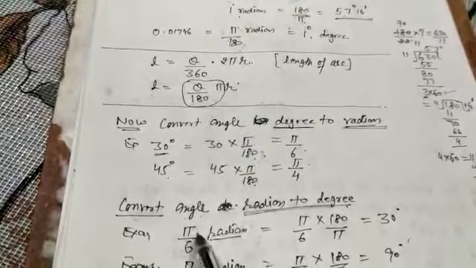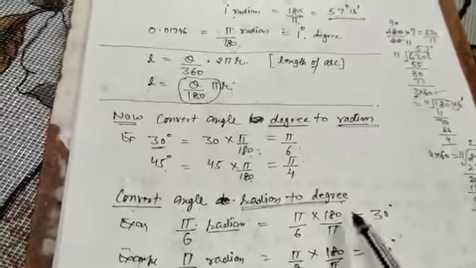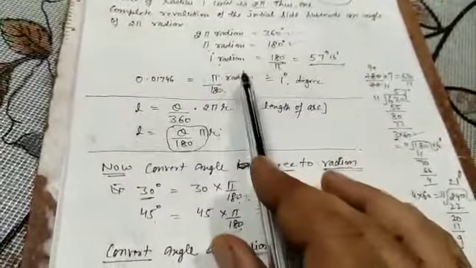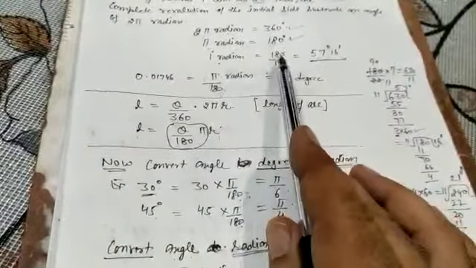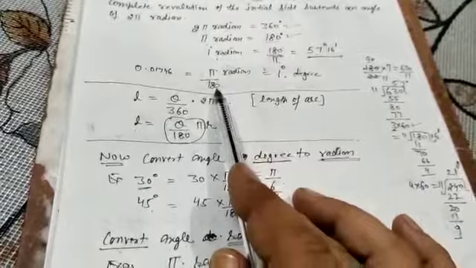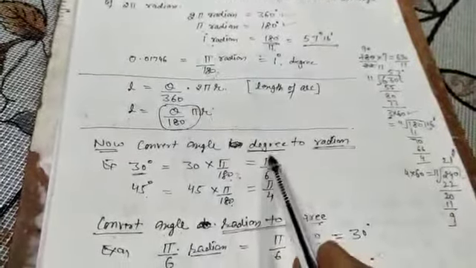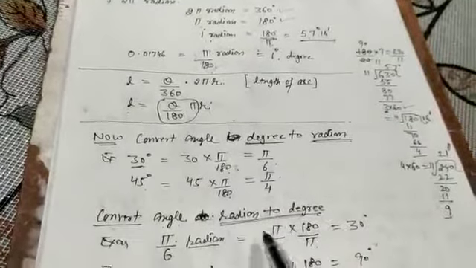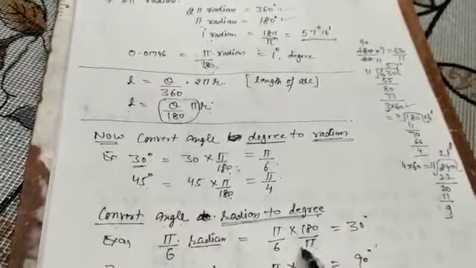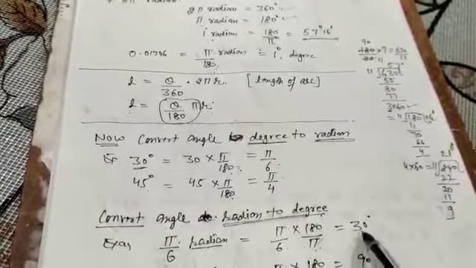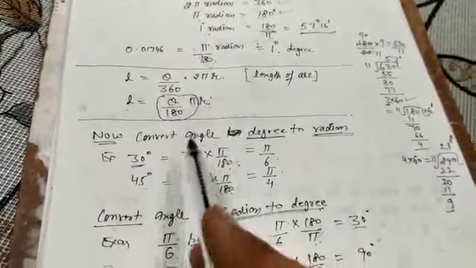You have to convert into degree, so this pi by 6 is multiplied by 180 by pi, as we discussed earlier. 1 radian is equal to 180 upon pi, and 1 degree is equal to pi by 180. If you want to convert degree into radian, it should be multiplied by pi by 180, and if you want to convert radian into degree, it is the reciprocal, that is 180 upon pi. See this one, again you will get the same answer, that is 30 degree.